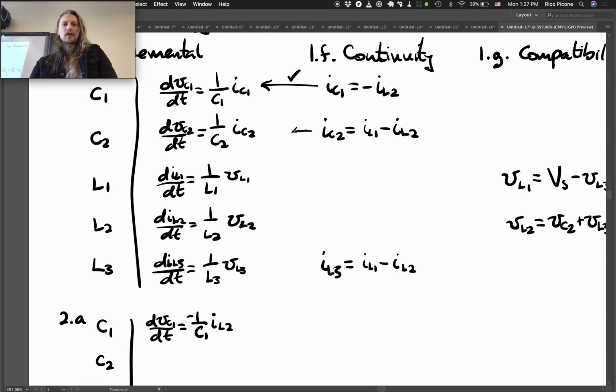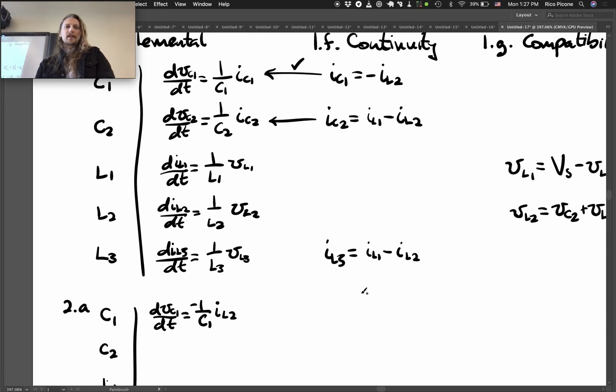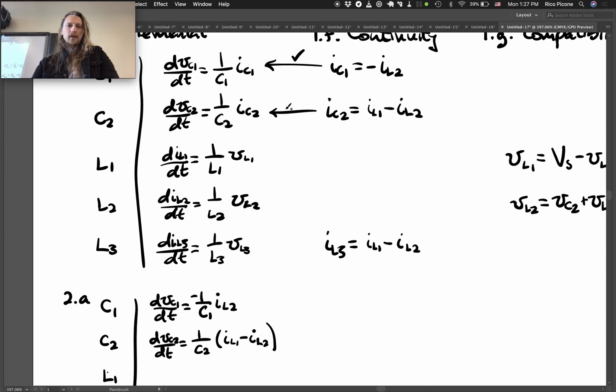Now we're going to use this substitution here to get rid of IC2. So we'll get dVC2 dt equals 1 over C2. Instead of IC2, we'll do IL1 minus IL2. Yep, so we got that one.